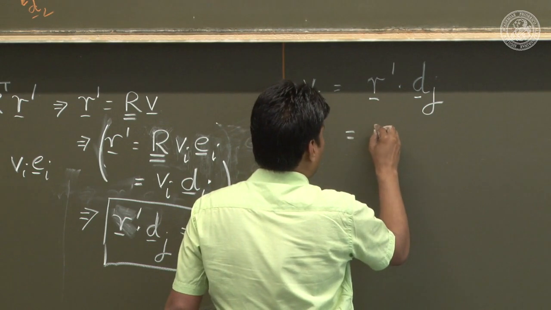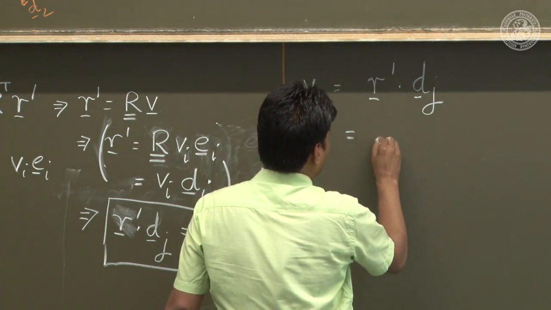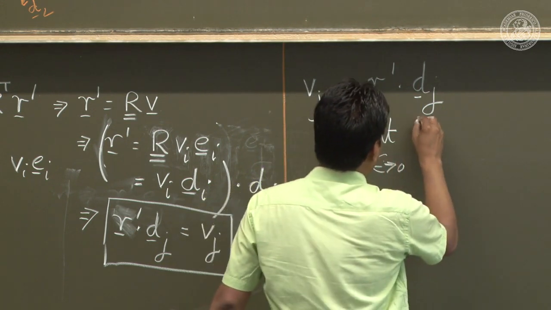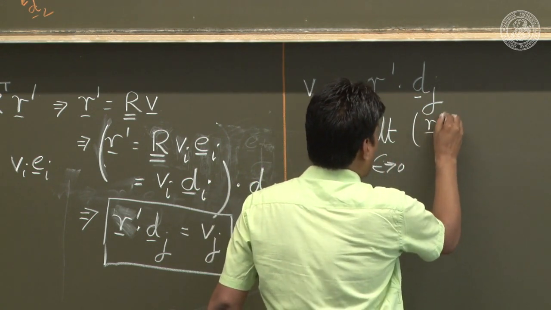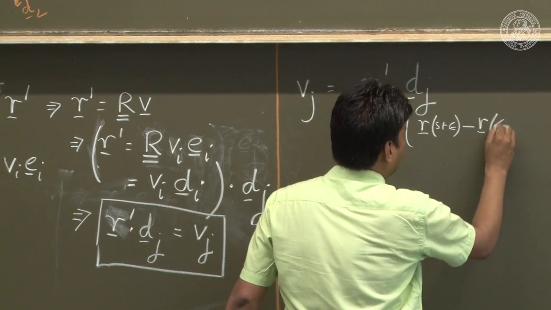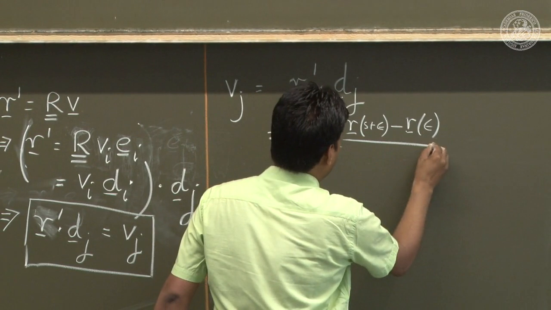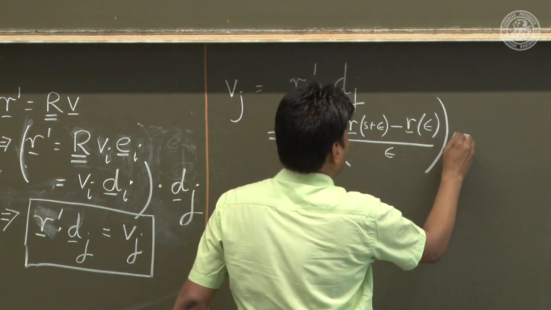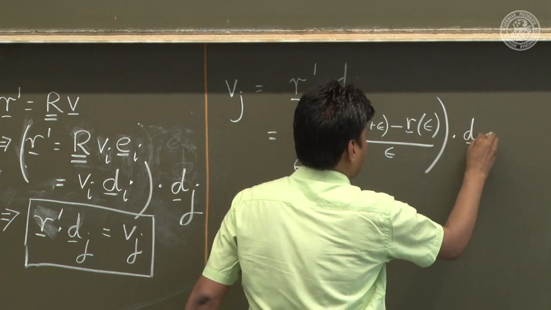Now small r prime would be the same as the limit epsilon tending to 0 of r at s plus epsilon minus r at s, divided by epsilon, dot with dj.